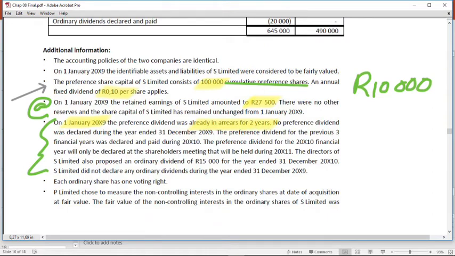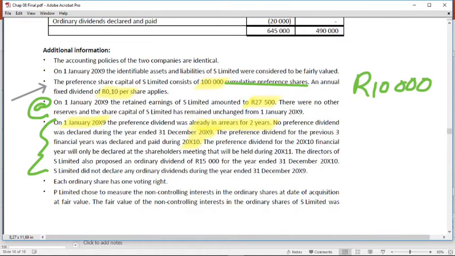No preference dividend was declared during the year ended 31 December X9 either, but the preference dividend for the previous 3 financial years was declared and paid during X10, the current reporting period. The preference dividend for the X10 financial year will only be declared at the shareholders' meeting that will be held during X11. So there was again not a preference dividend declared for X10.